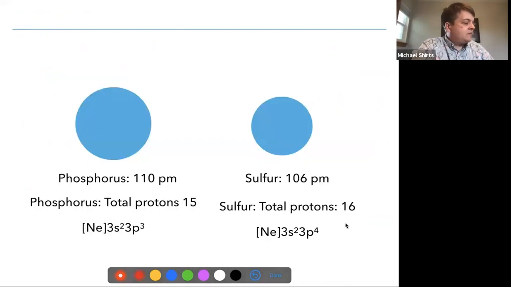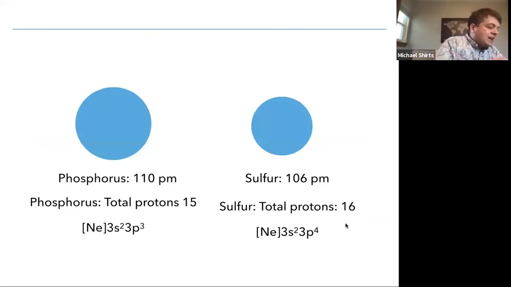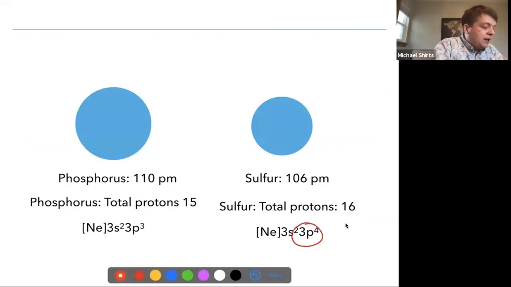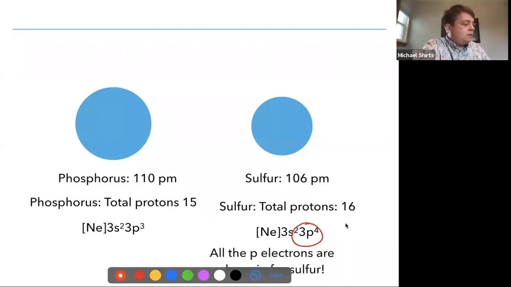Let's take a look at just one example, phosphorus and sulfur. So phosphorus has 15 total protons, 15 total electrons. Sulfur has one more proton, one more electron, but it's smaller because that extra proton that's being added, and the extra electron that's being added, goes exactly into the 3p orbital, and all the 3p orbitals are the same size. That extra proton is pulling in all of the 3p orbitals.